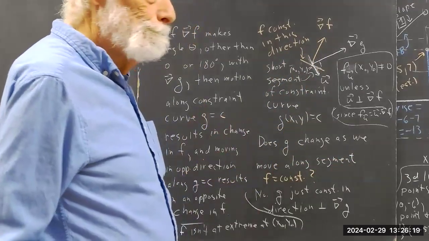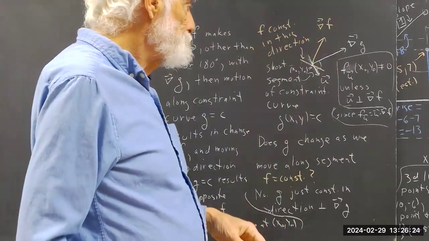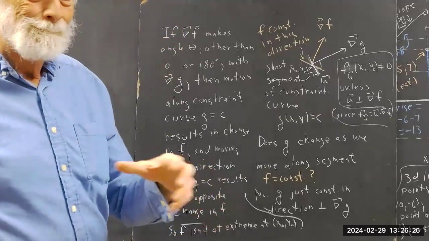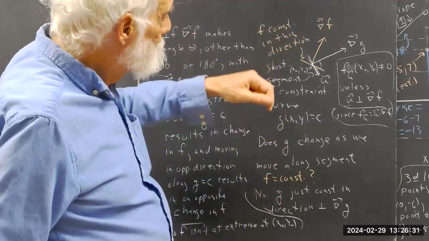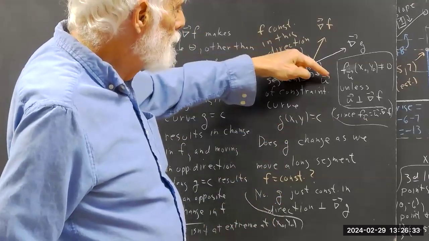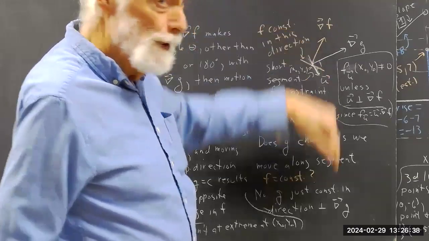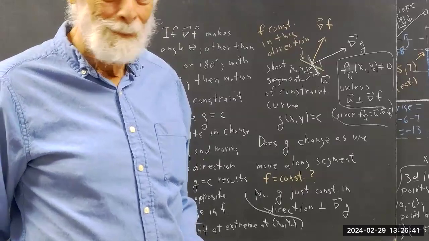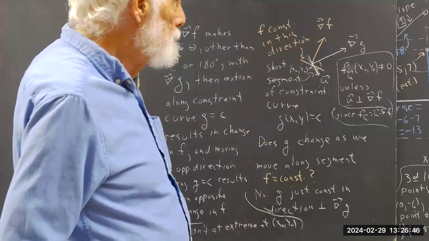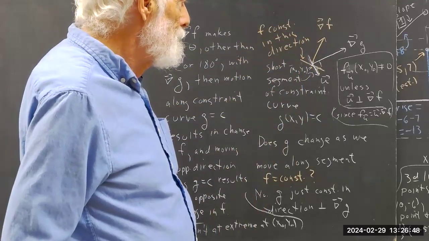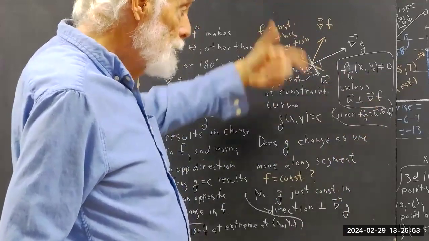It follows from what you know about directional derivatives, and also kind of common sense, that if this is the direction in which f doesn't change, then this is not the direction in which f doesn't change. In fact, the directional derivative of f in the direction of u isn't zero unless u is perpendicular to del f, which it isn't.